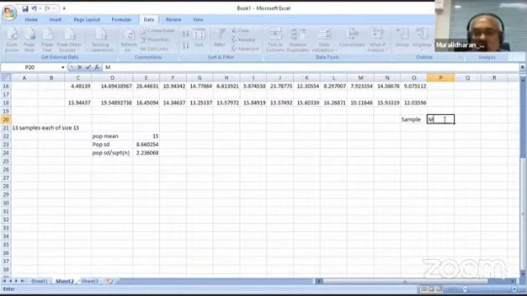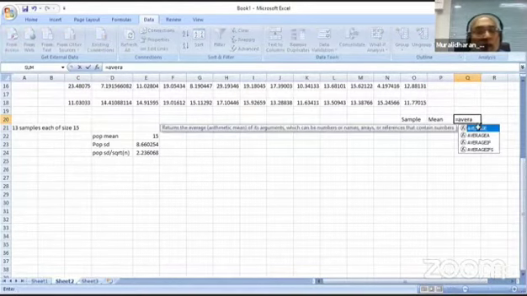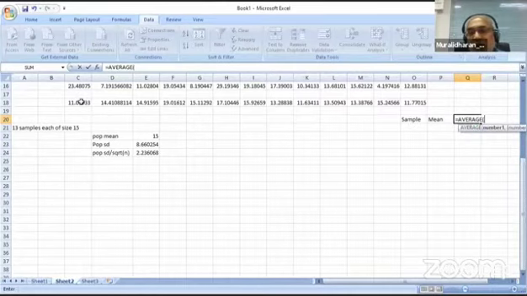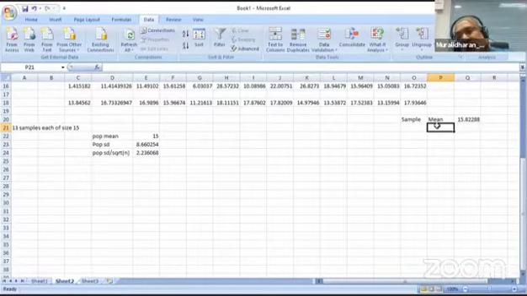The mean is equal to the average of this. It's almost the same, 15 and 15.8228. So they're very close, no problem. That much approximation is possible because we have started with a very small sample of observations.